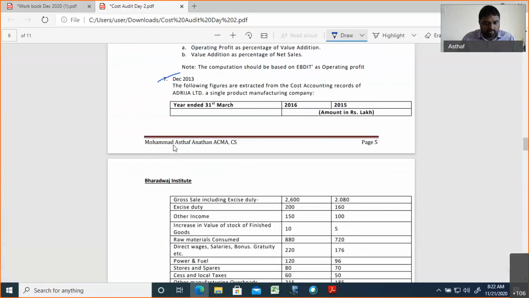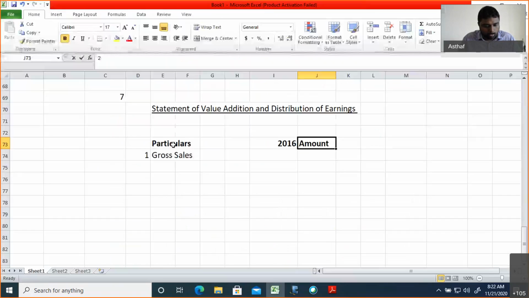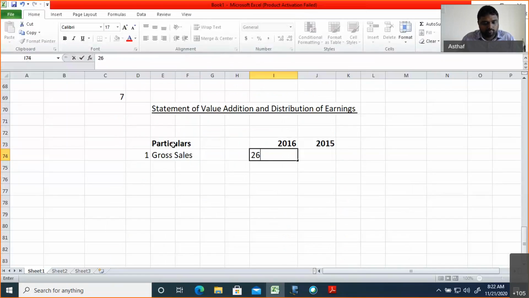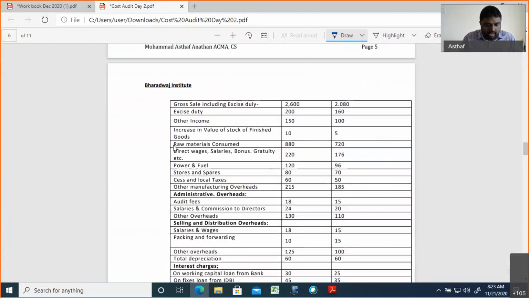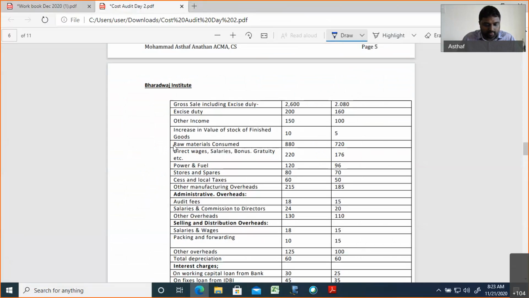The gross sales, we have for year 2016. Less this excise duty, which sometimes will be given as GST input. Net sales.